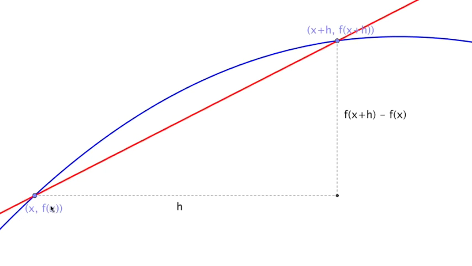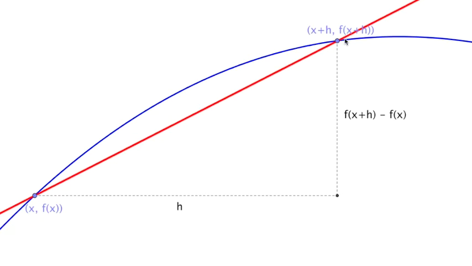That's how you work out the y-coordinate. We then say that the distance that we're going to travel horizontally to our second point, we'll call that h. And therefore the x-coordinate of this point over here will be x plus h. So the x-coordinate plus h is going to give me this point here. And therefore I would then put that into f, so I get f of x plus h for the y-coordinate.